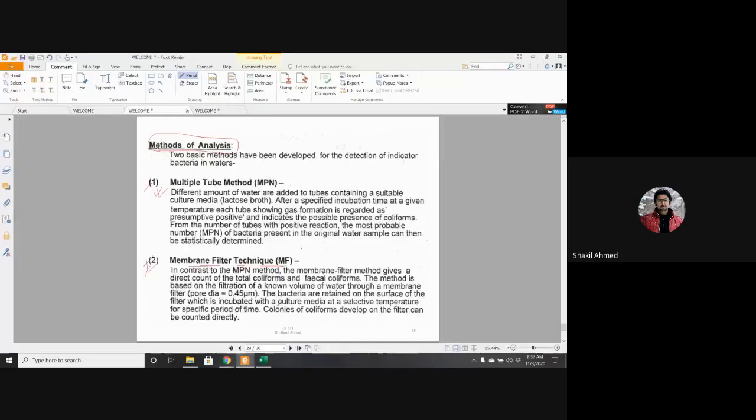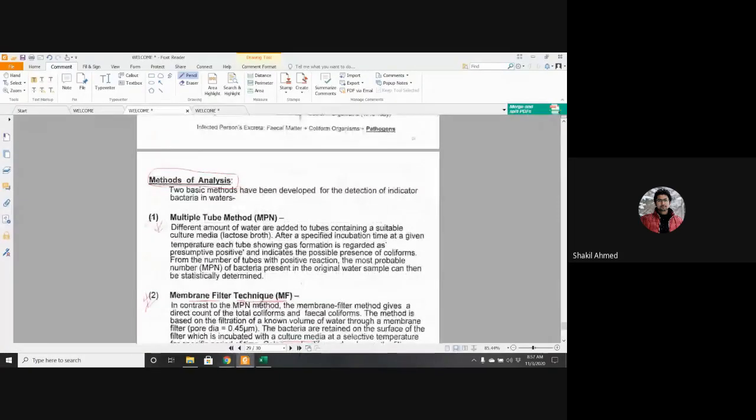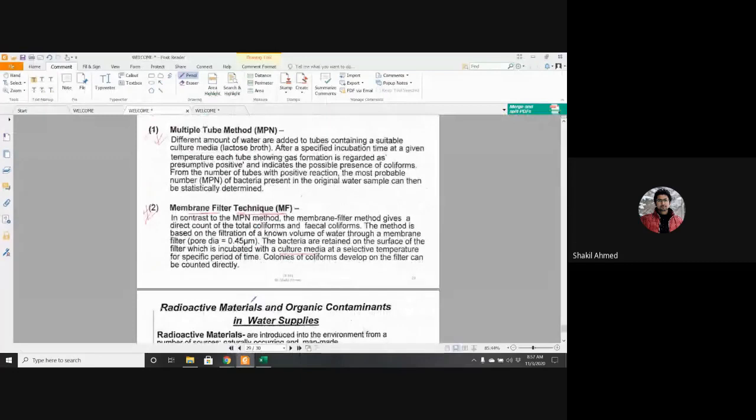It's a coliform group of bacteria. This is called culture media because we are culturing the bacteria. We are basically growing bacteria. That is called culture. Sometimes you test your blood or urine for medical diagnosis.